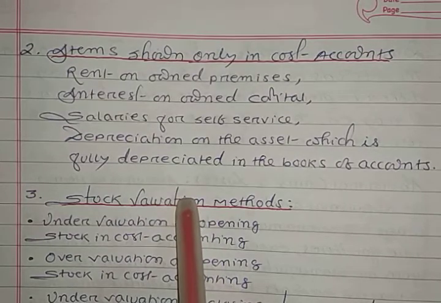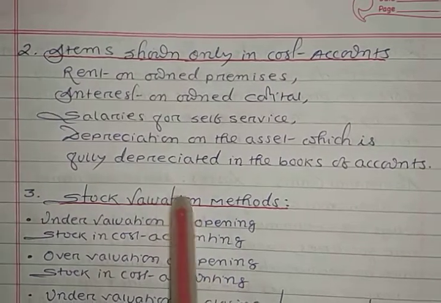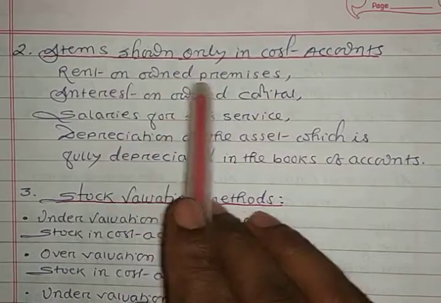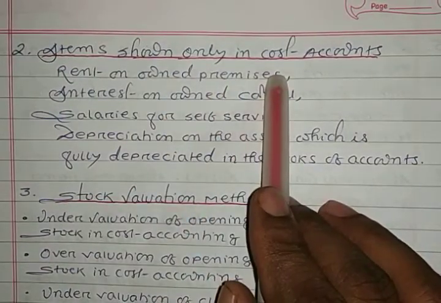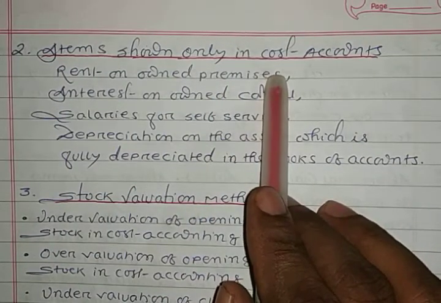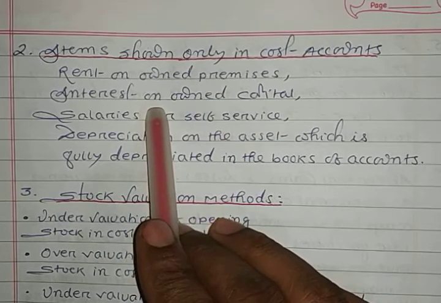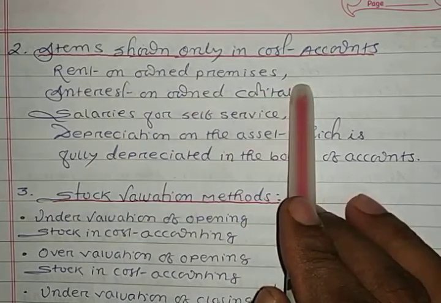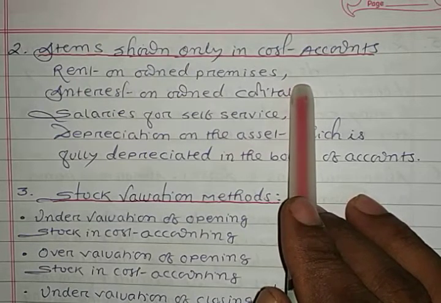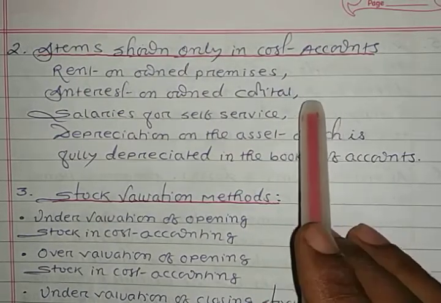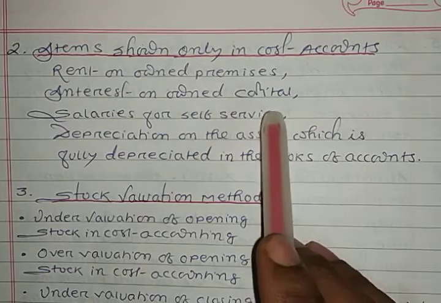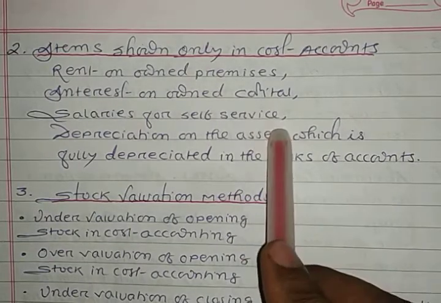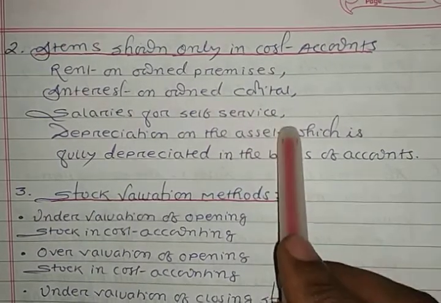See, the next reason is items shown only in cost accounts. Some items of expenses are shown in cost accounts only, but they are not actually paid. They are called notional charges.